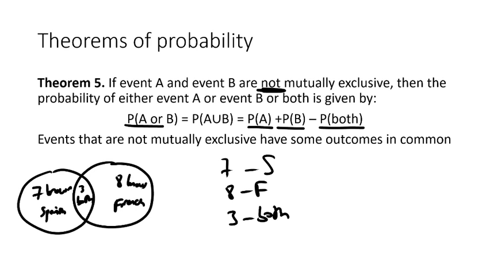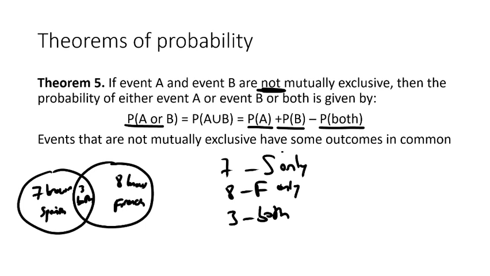So this one is a not mutually exclusive process because, as you can see, it is possible that people can know Spanish and French at the same time. It doesn't mean that if you know Spanish, you cannot know French.